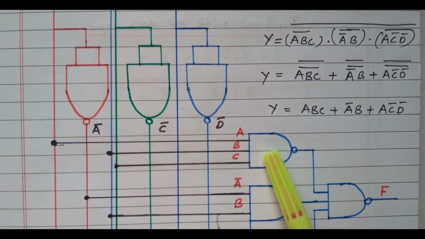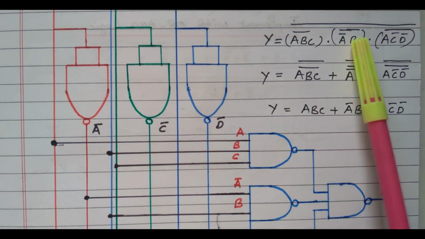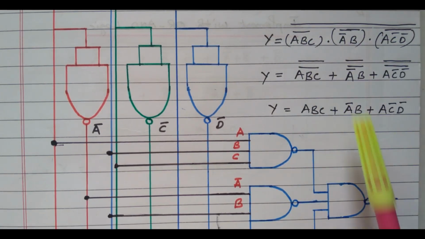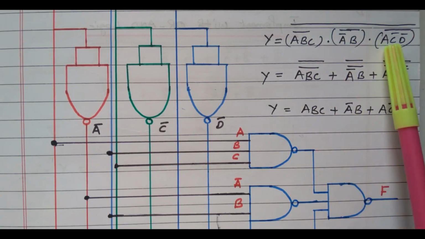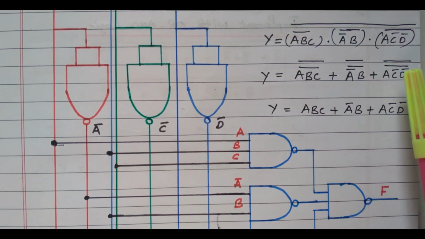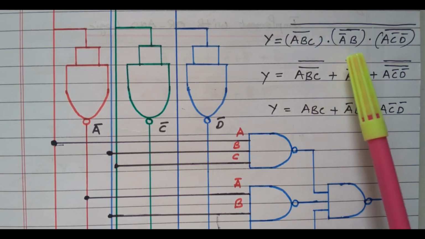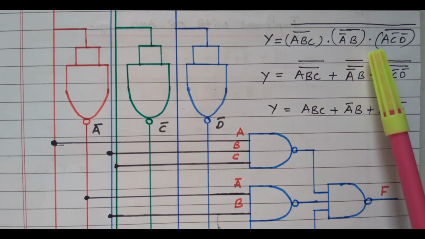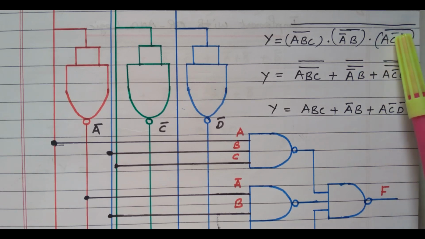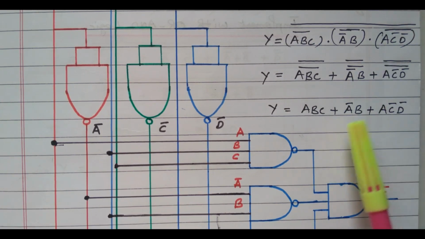So 3 NAND gates produce these 3 outputs. This NAND gate produces the multiplication of the 3 outputs with a common bar. So finally what we got is A, B, C bar dot A bar B the whole bar dot A, C bar, D bar the whole bar, to the whole bar.